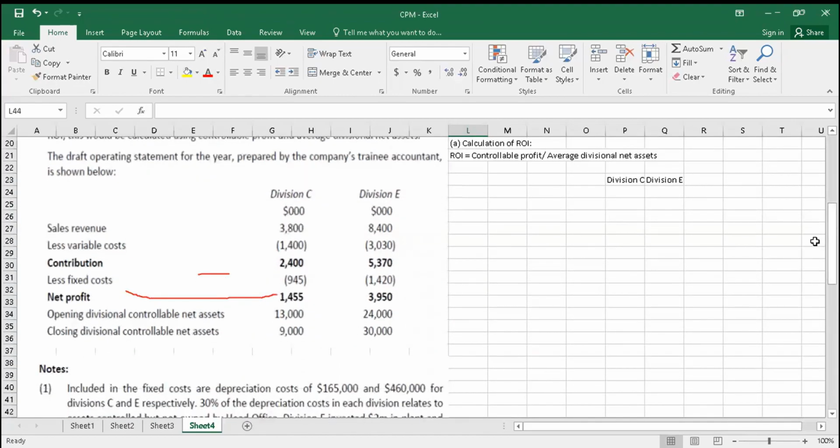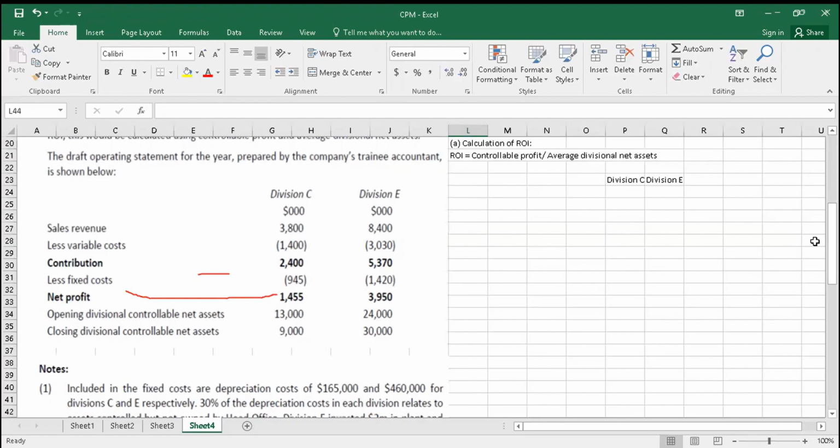See, the statement can be presented in two different ways. For the calculation of controllable profit, we start with contribution, separate the controllable fixed cost, and deduct only the controllable fixed cost. That's one procedure.